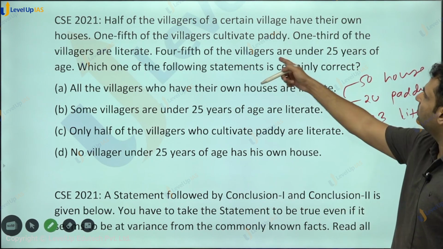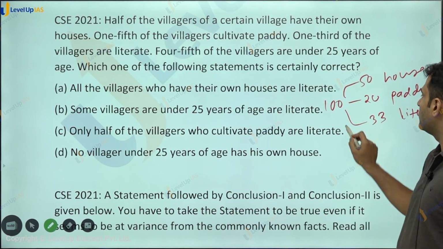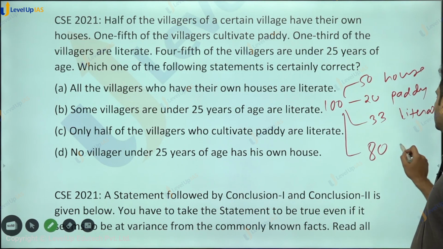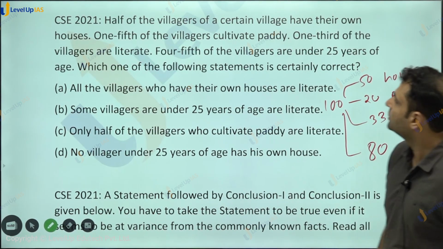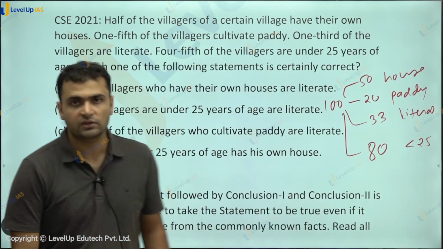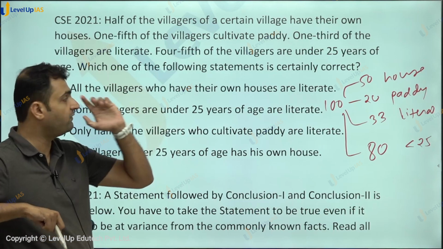Then 4/5 of the villagers are under 25 years of age. 4/5 is 80 are less than 25. Which of the following statements is certainly correct? You have to ensure that it has to be correct, definitely.